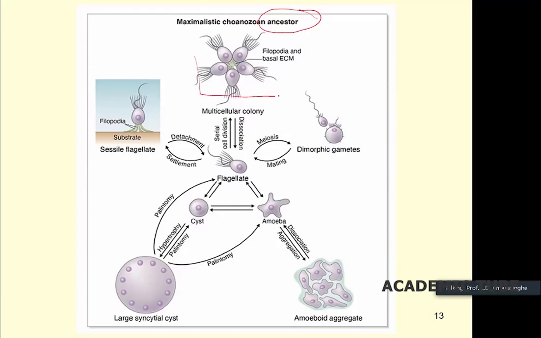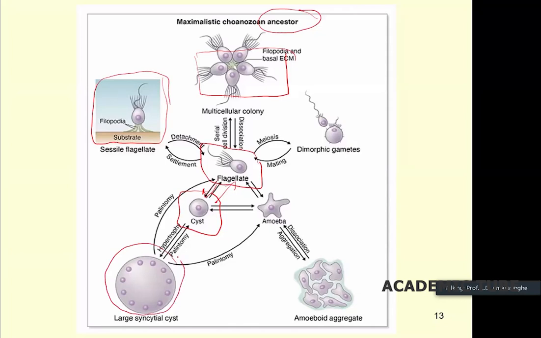Here is the colonial form of the choanoflagellate. Here is the individual organism. You can see they are able to form a cyst to undergo unwanted environmental conditions, and the cyst further develops as asexual reproduction, and some develop as amoeba-type individuals, and some develop as colonial type.